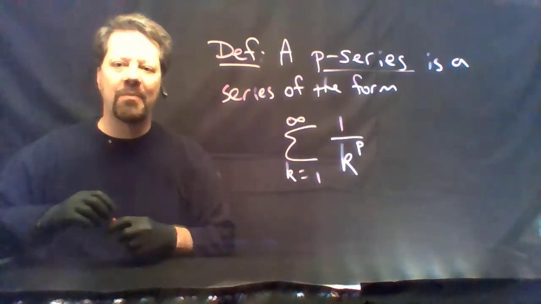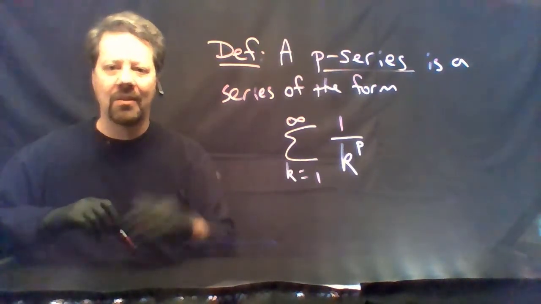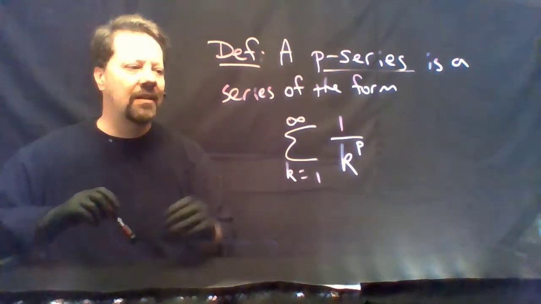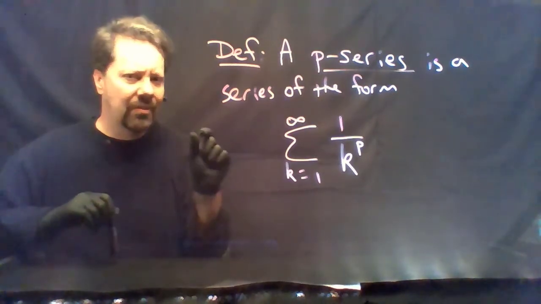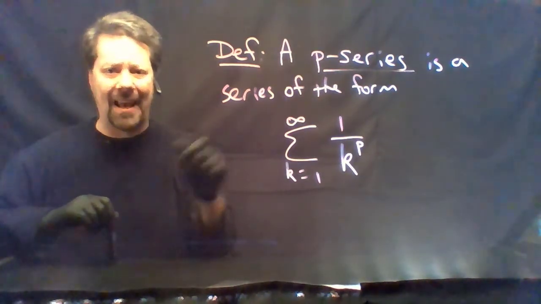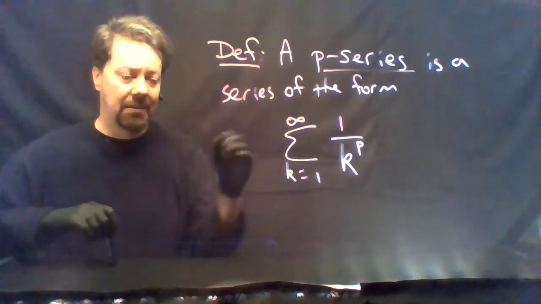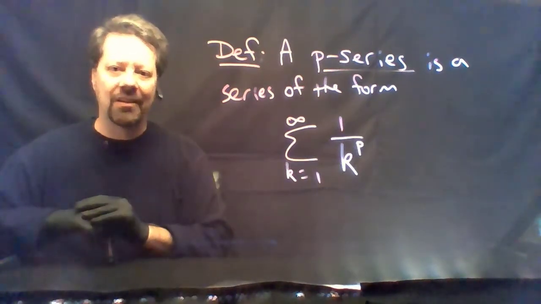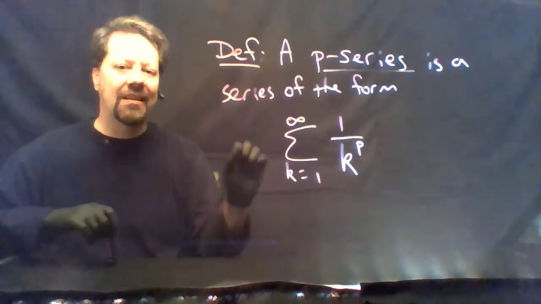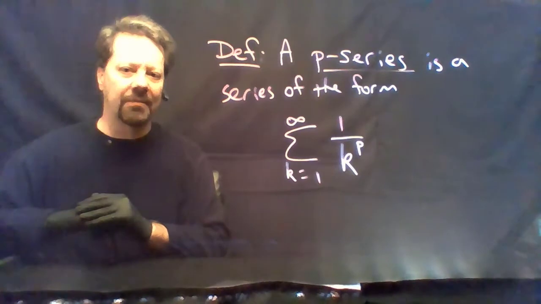We're not assuming that p is a natural number or even a whole number. p could be a fraction like 1/2. It could be pi, an irrational number. p could be some real number.